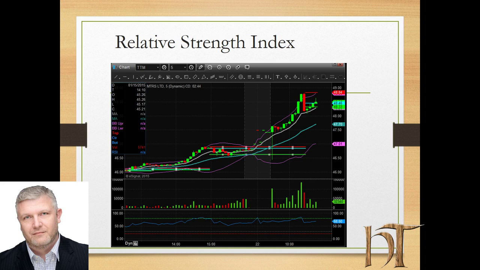But in any case, we do get this red candle. Now our RSI down here is just breaking above the 80 line. The green line is for 80 and the red line is for 20. You can see we're pretty overextended if we look at the blue line that's tracking it.